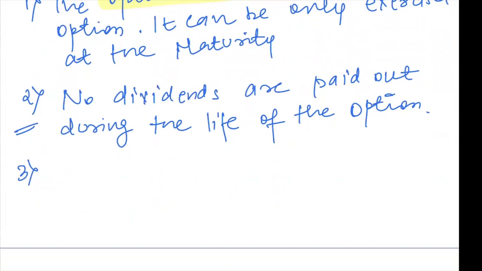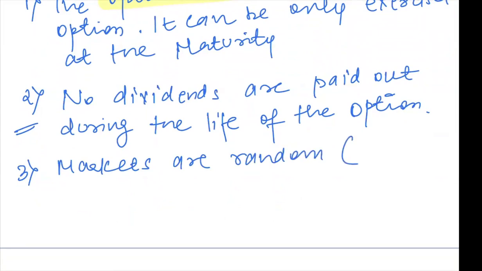Third is markets are random, which basically means that market movements can't be predicted.